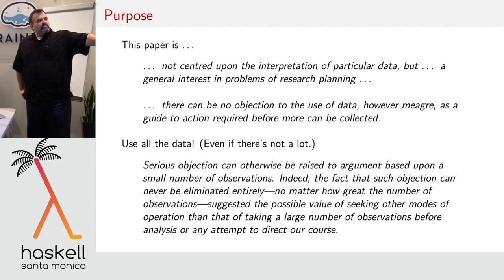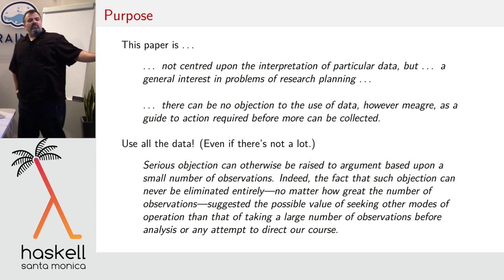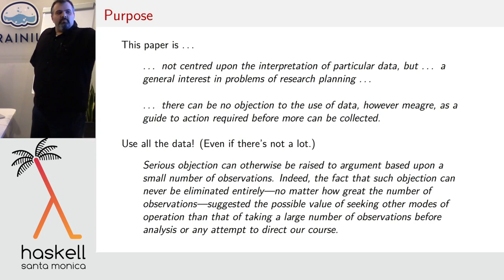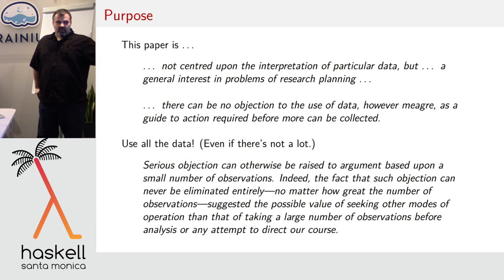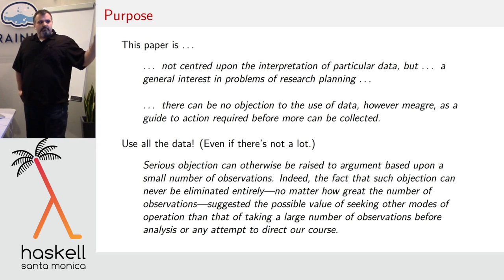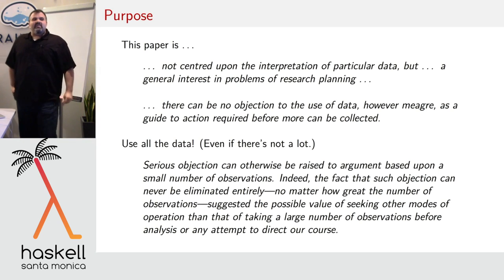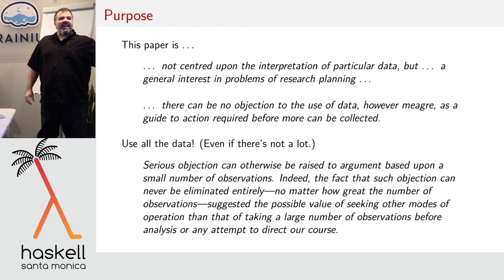So he goes on, says serious objection can otherwise be raised to an argument based upon a small number of observations. So serious objection can be raised when you base an argument on a small number of observations. But he goes on and says, indeed, the fact that such objections can never be eliminated entirely. You never get the confidence up to 100%.